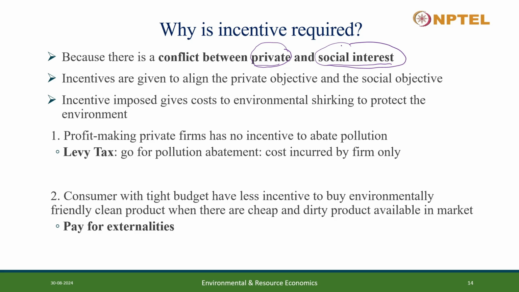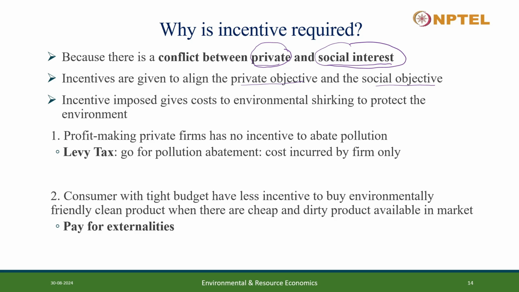However, since there is market failure, since there is improper price signal and externality, when a private firm tries to maximize its benefit, the social welfare is not maximized. So in such cases, there is a conflict, or there is a need for incentive, or for certain regulation. So incentives are given to align the private objective and social objective.